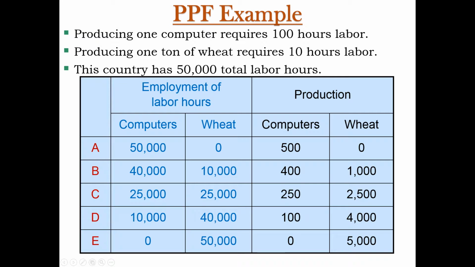Basically this slide is meant to show you that our production levels, which we're going to use to construct our production possibilities curve, are really derived from our resource availability and how we divide up those resources. So that's what we're working with.